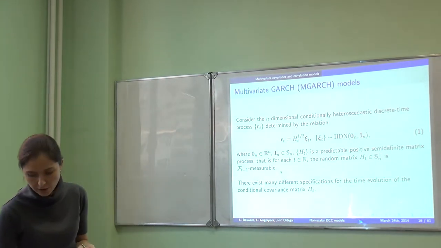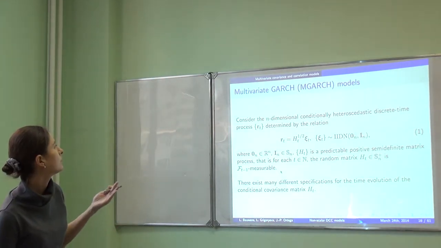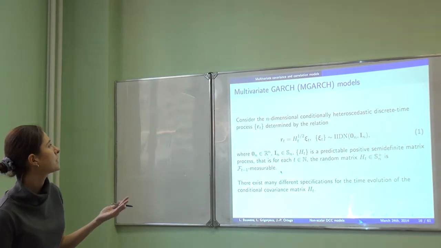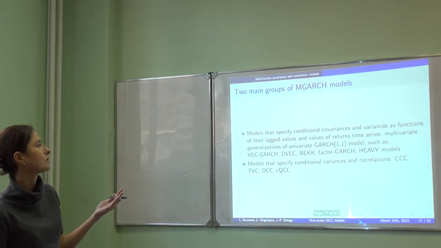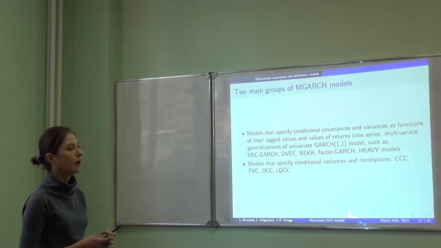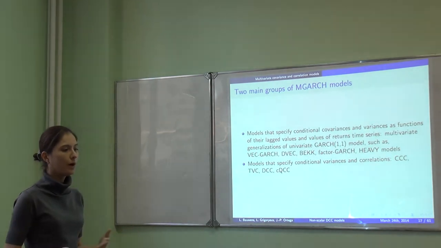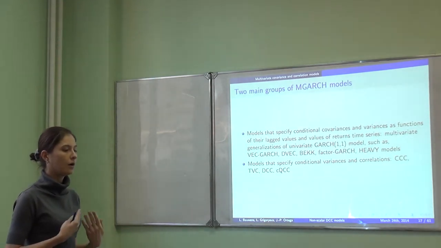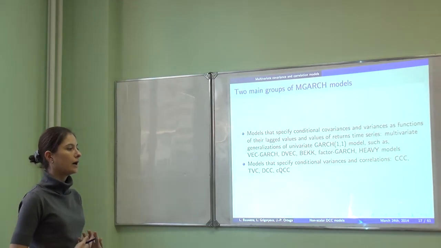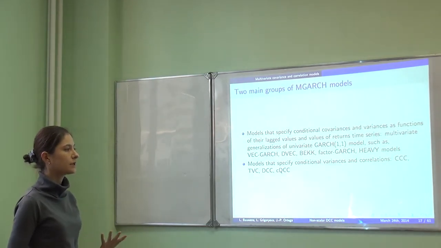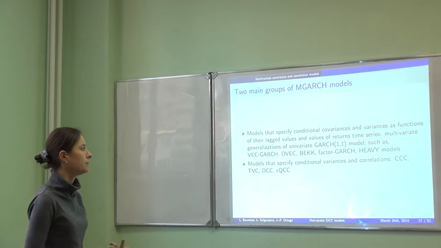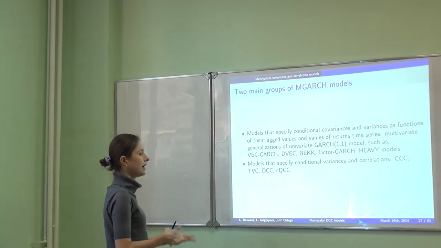So why do we talk about a variety of families for these multivariate GARCH models? Because depending on the way we would like to describe the dynamics of this matrix process, we can choose one model or another.